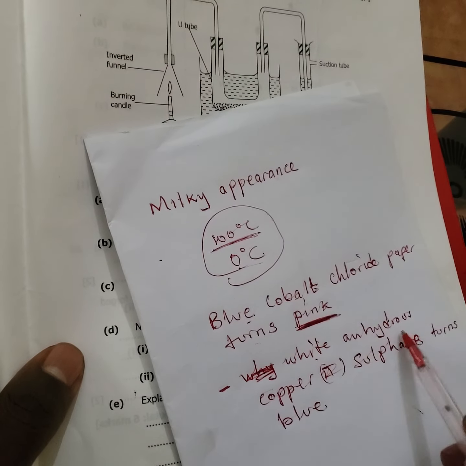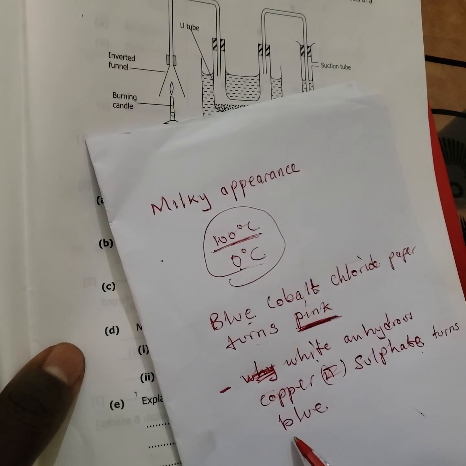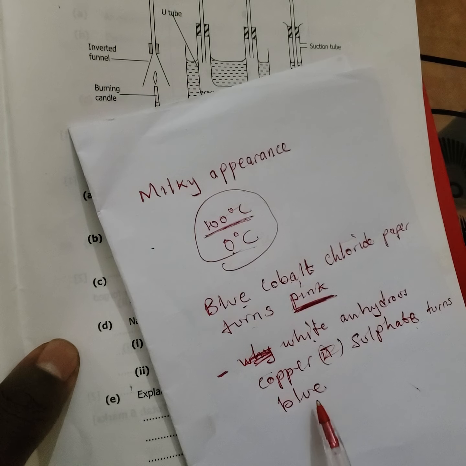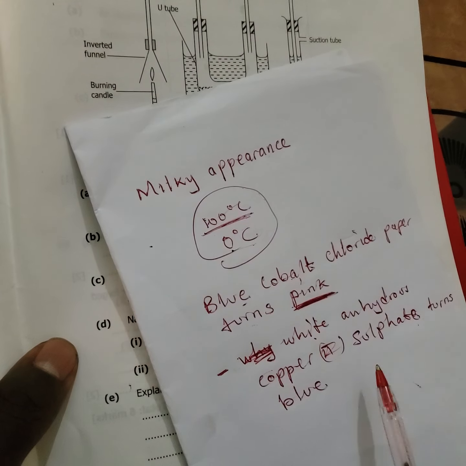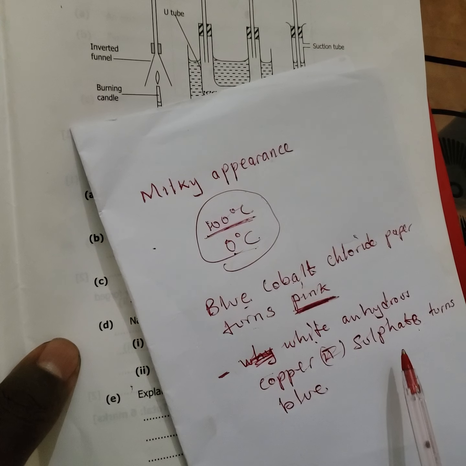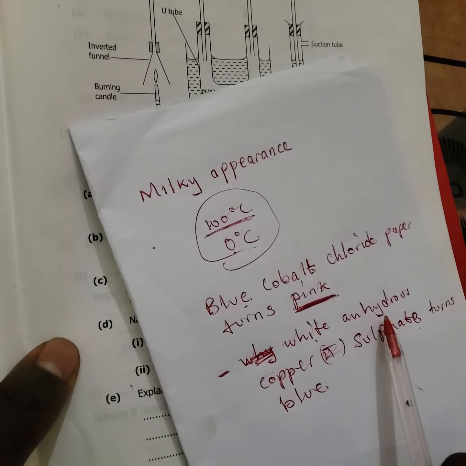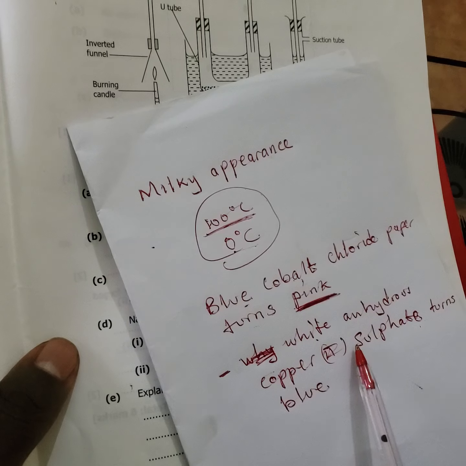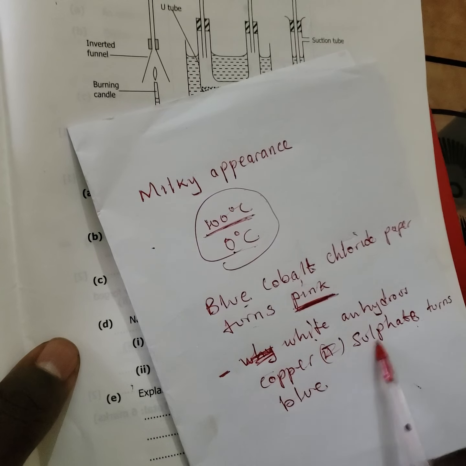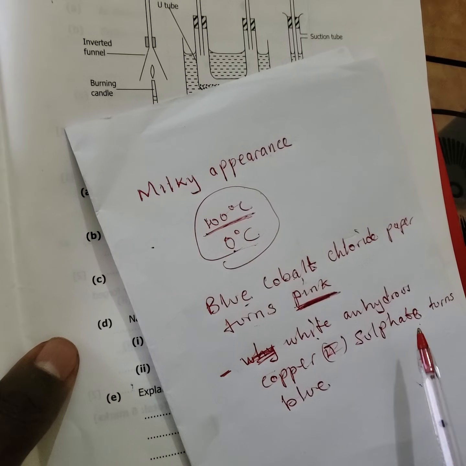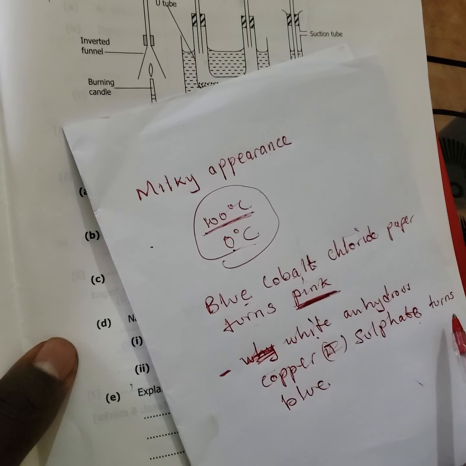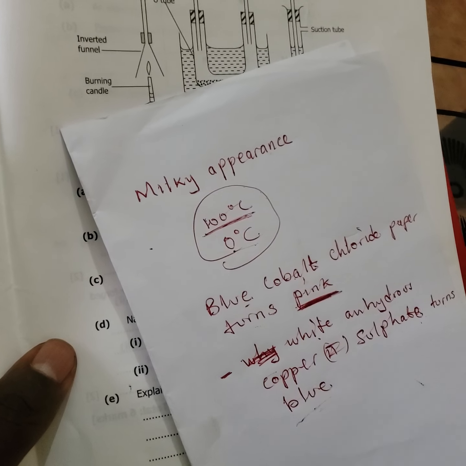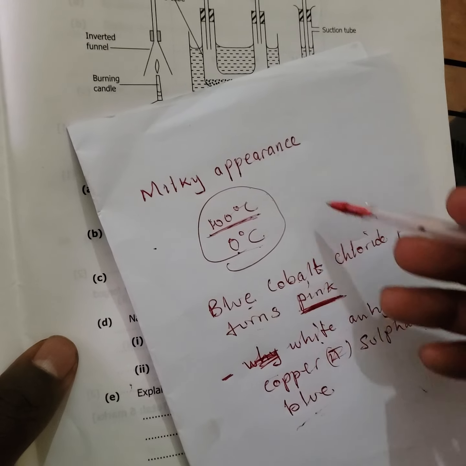When the white anhydrous copper 2 sulfate turns blue, it means that what has been produced is water. So we look at these colors. This anhydrous copper 2 sulfate is a reagent or chemical that, when exposed to that liquid, will turn blue. That is another identity test. So you can pick any of the two.